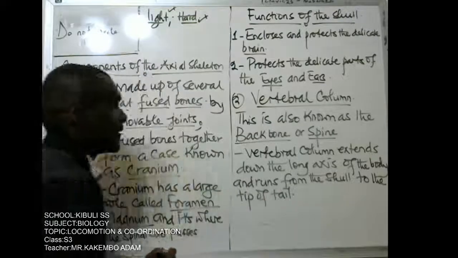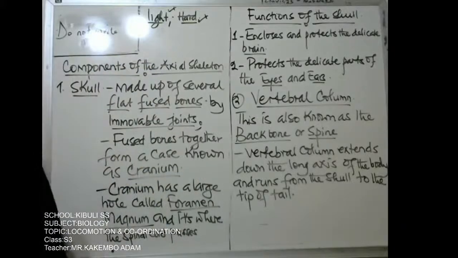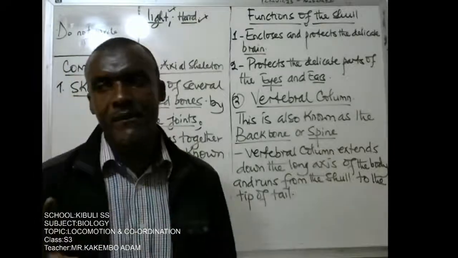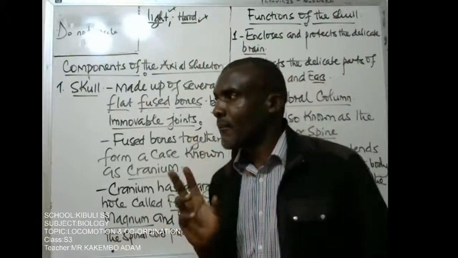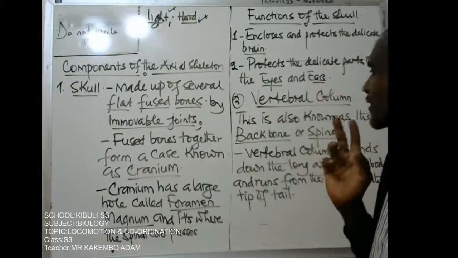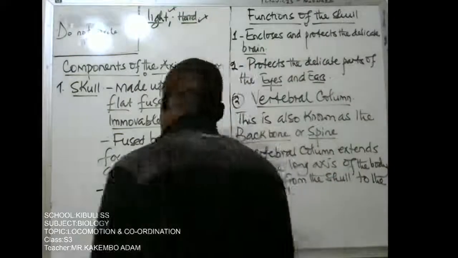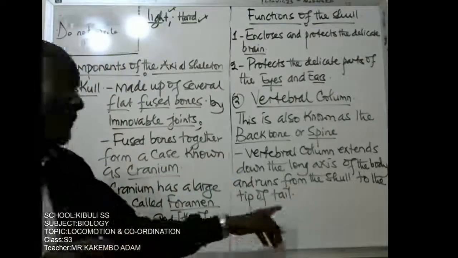Members may wonder, why am I talking about a tail? Yet man doesn't have a tail. But our closest relatives, the monkeys, the chimpanzees, the baboons, that we closely resemble and have a similar body plan, they have a tail.